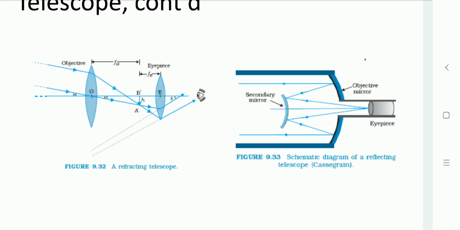So here, a telescope with a mirror as the objective is called a reflecting telescope, and it has several advantages. There is no chromatic aberration. If a parabolic reflective surface is chosen, then spherical aberration is removed.